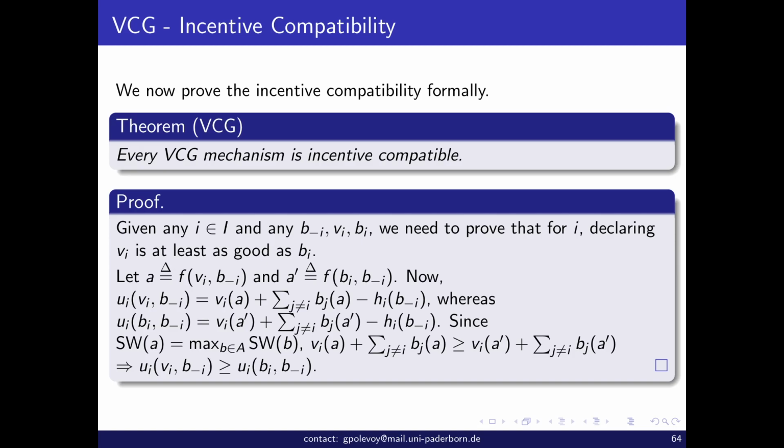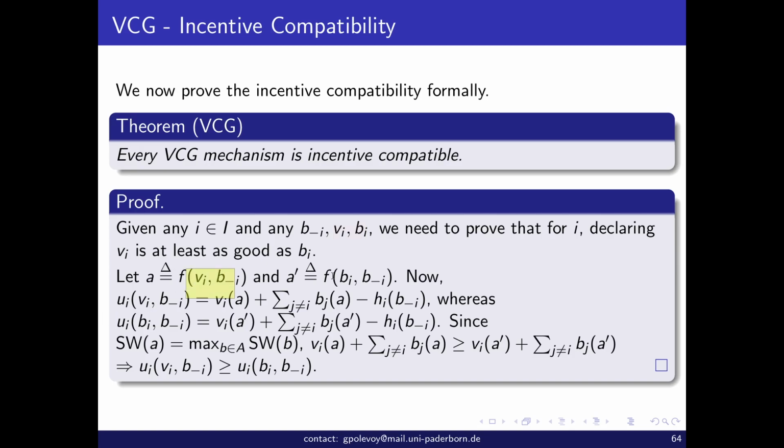Given any player and any bid of the others, so I don't even care whether the others tell the truth, whatever they tell. So I have some true valuation v_i and I have a valuation which I may bid, something else. We need to prove that the player declaring v_i is at least as good as declaring something else. So denote by A what is chosen by the mechanism when I declare v_i.